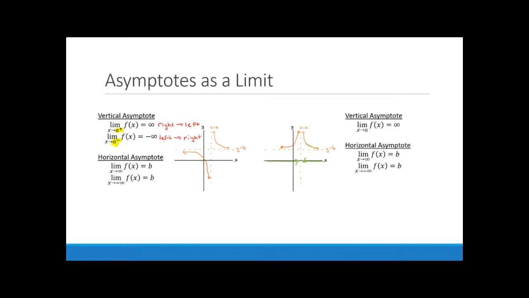Well, y is heading up towards infinity from both ends. So the answer for the limit is basically what happens to y. And then underneath the limit part is telling you where are you looking at? What are you doing with your x? Does that help?